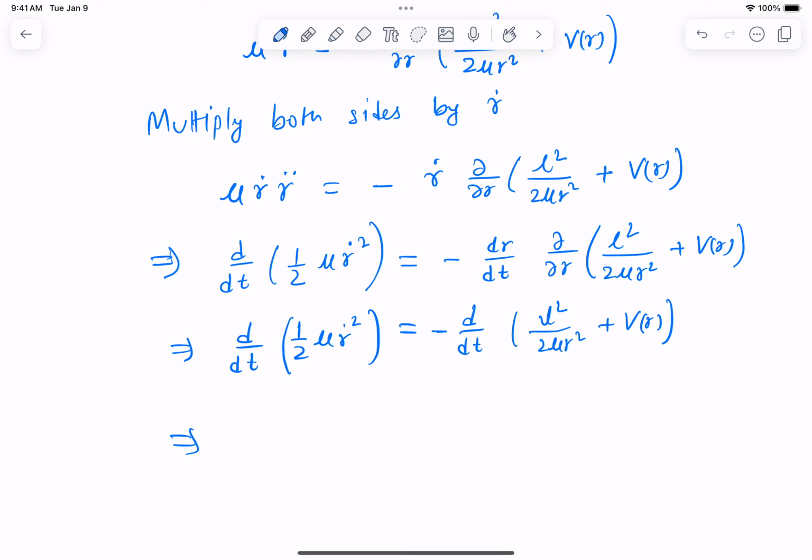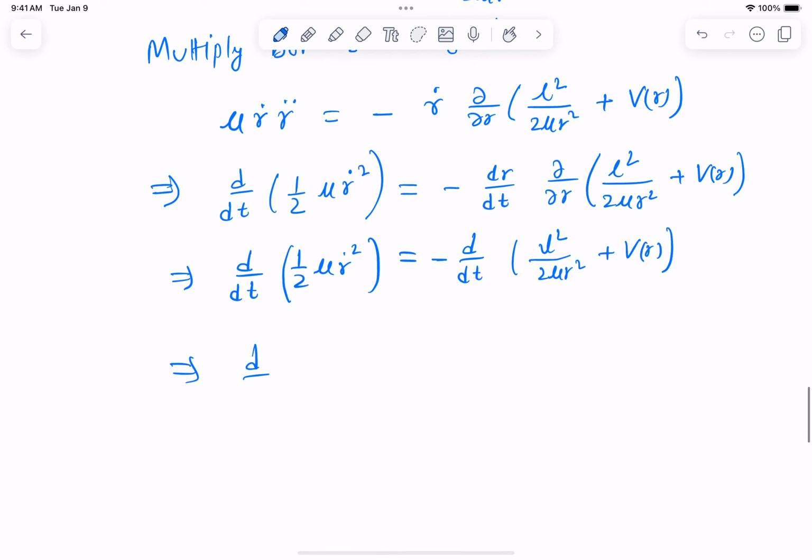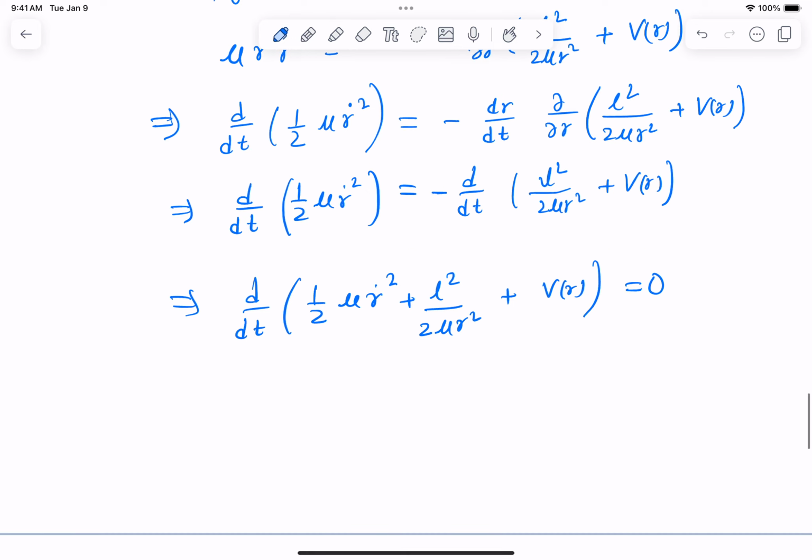Now you take everything to the left hand side, which will give you d by dt of half mu r dot square plus L square by 2 mu r square plus V of r equal to 0. And you can check, remember we had mr squared theta dot equals L, the angular momentum conservation.